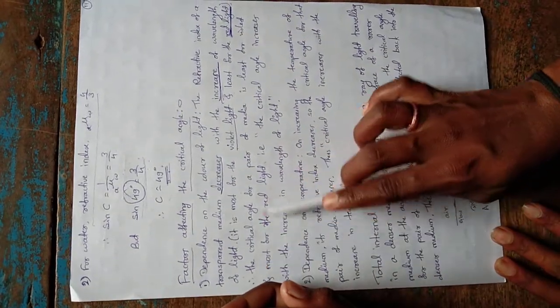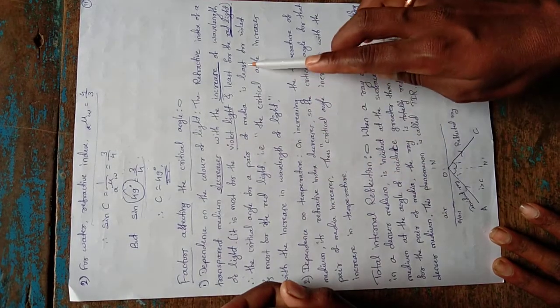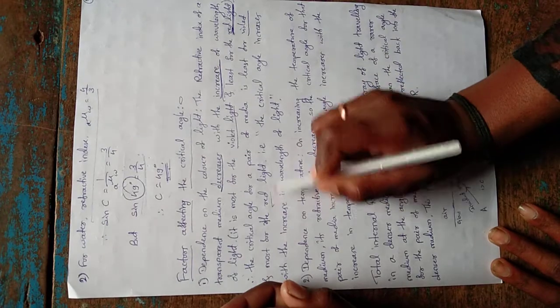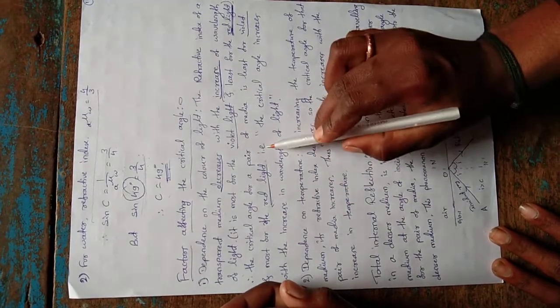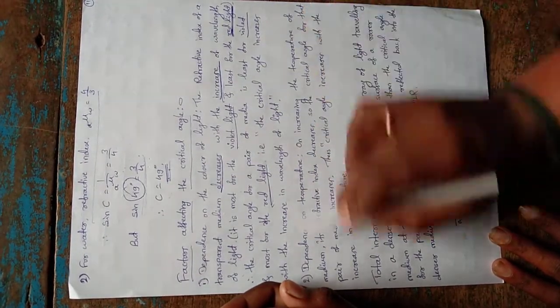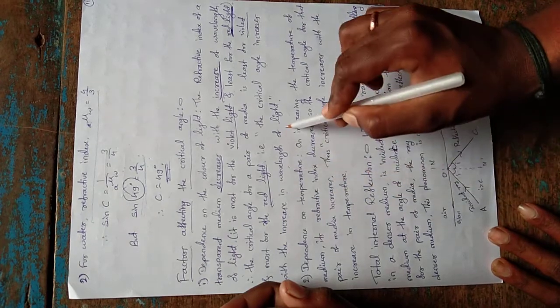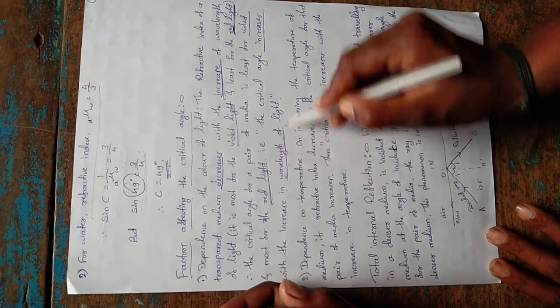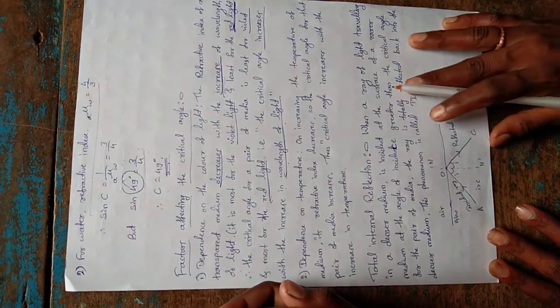Therefore, the critical angle for a pair of media is least for violet and most for red light. That is, the critical angle increases with the increase in wavelength of light.